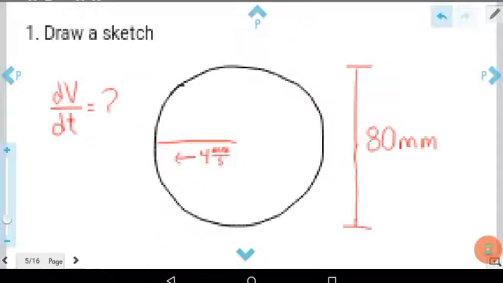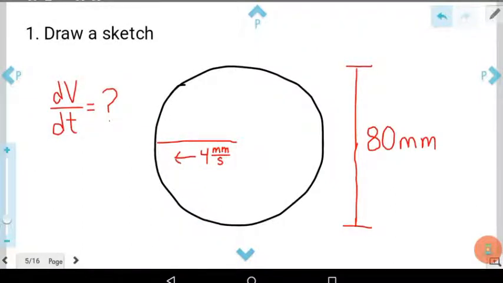And then the last sentence says, what rate is the volume changing when the diameter is 80 millimeters? So we know the instant we care about. Obviously this sphere is going to be growing throughout time, but the one instant we're looking at is when the diameter is 80 millimeters. When that is the case, how quickly is our volume changing?